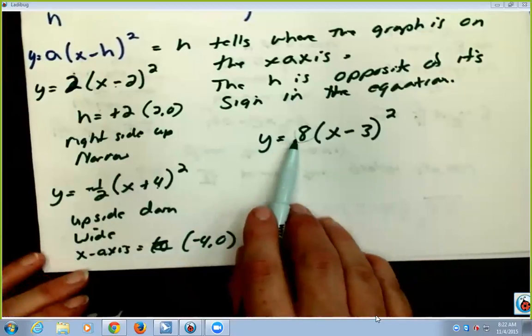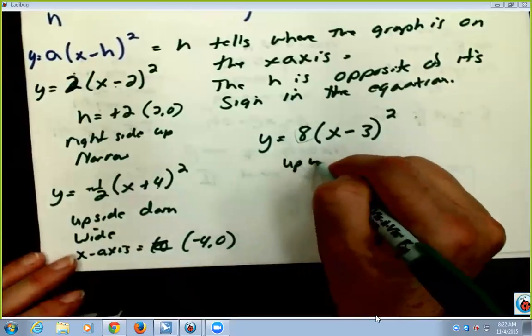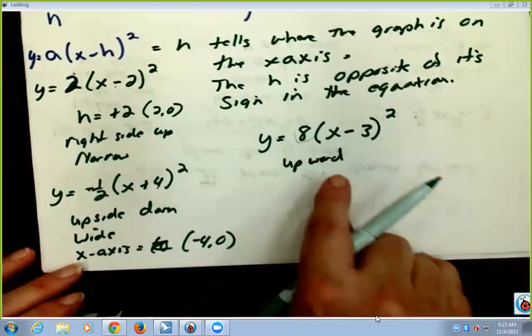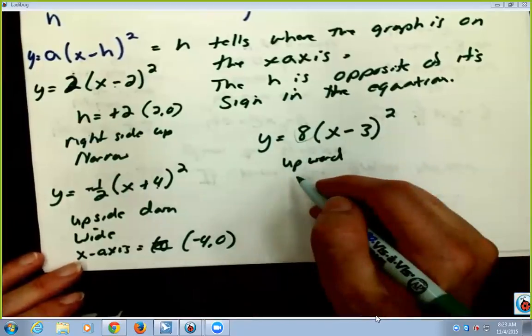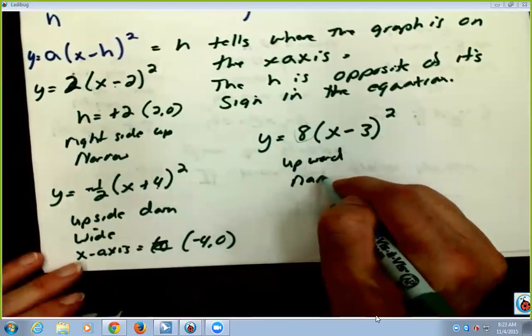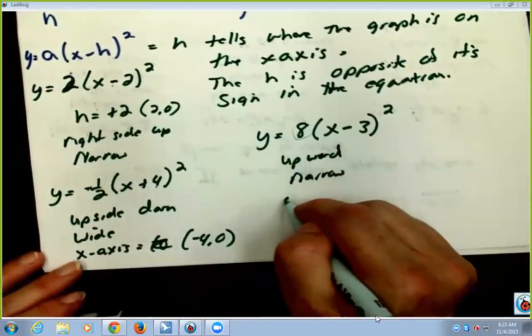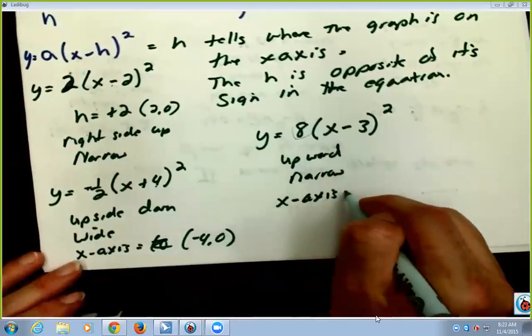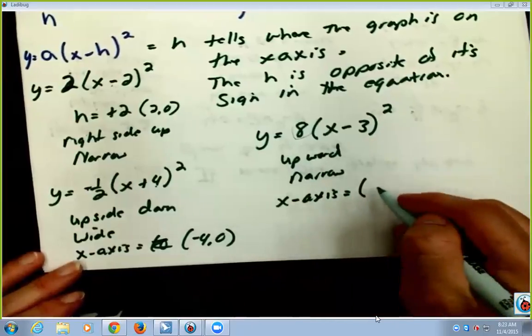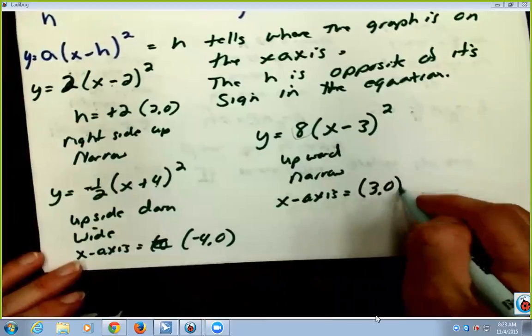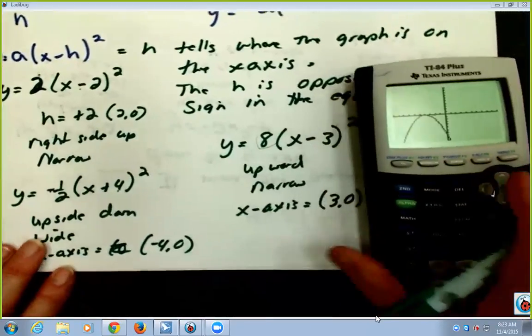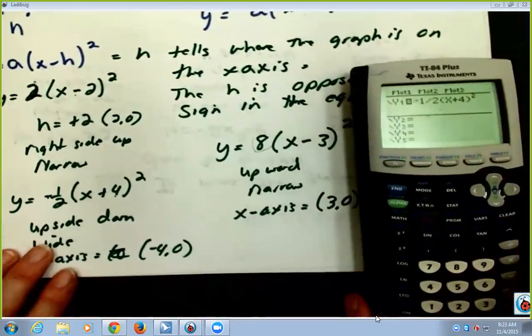8 is going to make it go upward, or right side up. The 8 is going to make it very narrow. And the 3 over here is the x-axis is going to be at positive 3, 0. And again, we'll stick it on our calculator just so you see what it looks like.